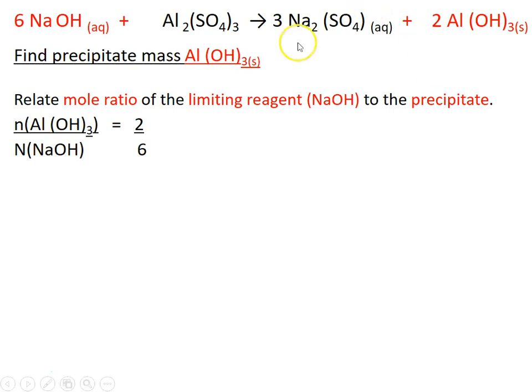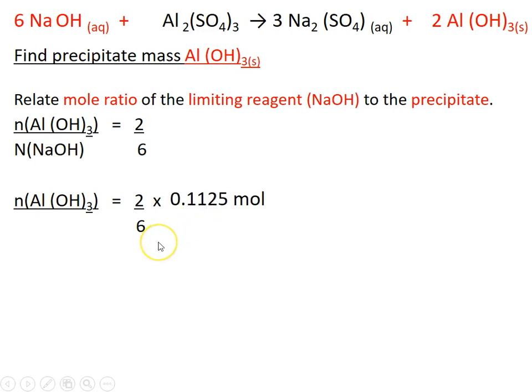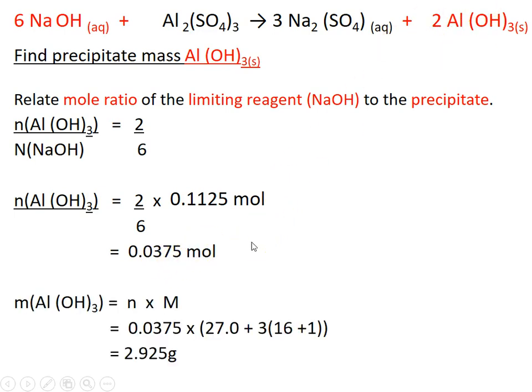So the ratio is 2:6. Put what you want on the top, take that over the other side and multiply it. That should be a little n. Multiply it by the number of moles of sodium hydroxide that you've got, so you end up with 0.0375 moles of aluminium hydroxide, and the mass of that is 2.925 grams.